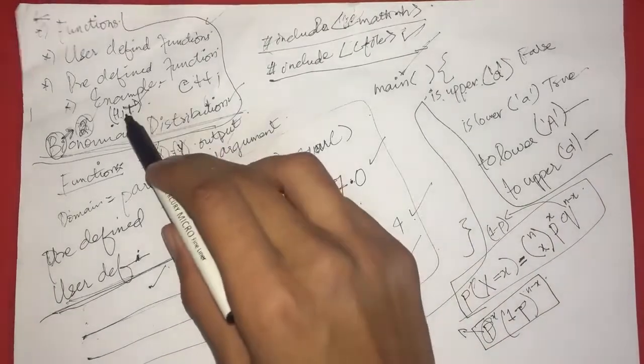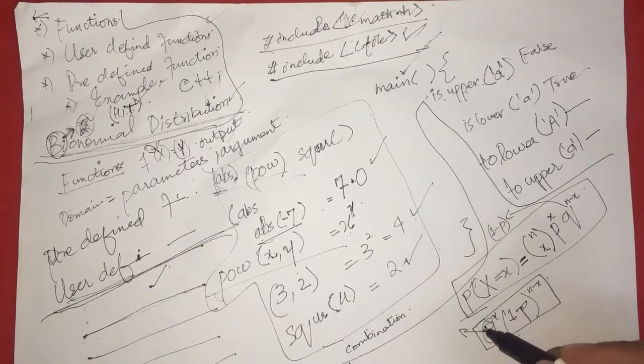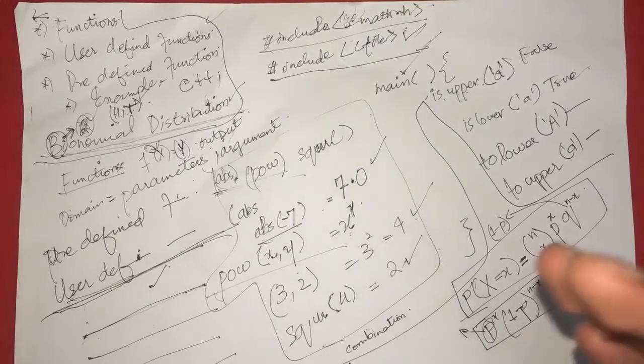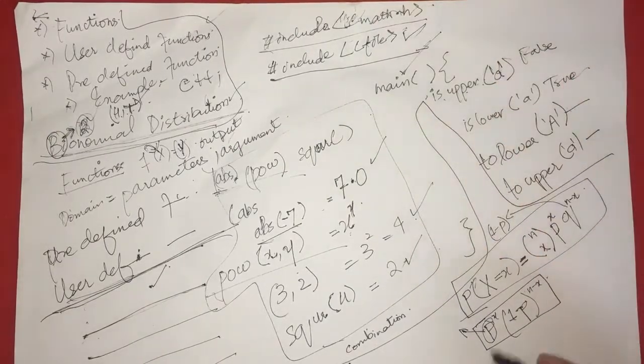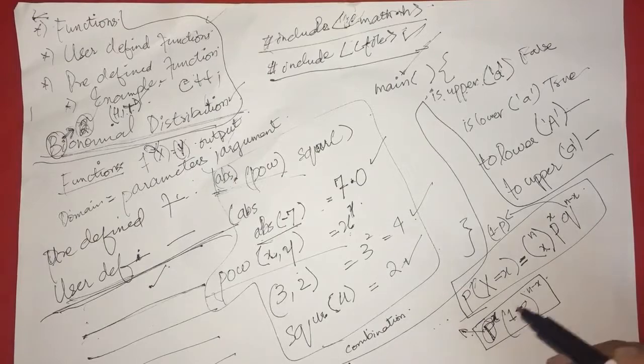For example, if I throw this coin 100 times and I want to know the probability of having 10 heads, we are interested in having 10 heads. So we have the probability of success, the probability of having 10 heads, then to the power of x, where x means the number of successes.